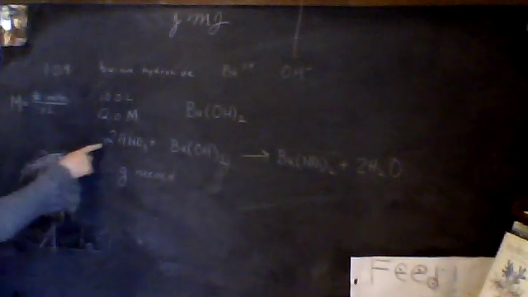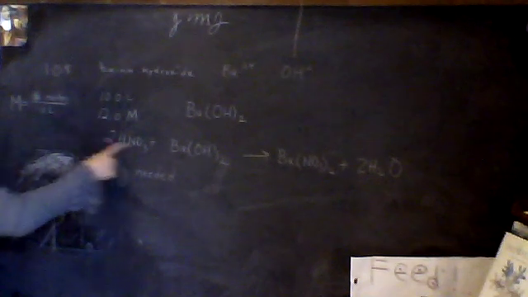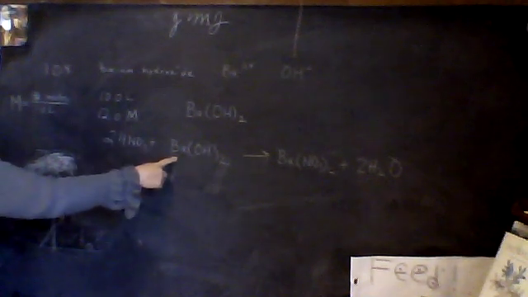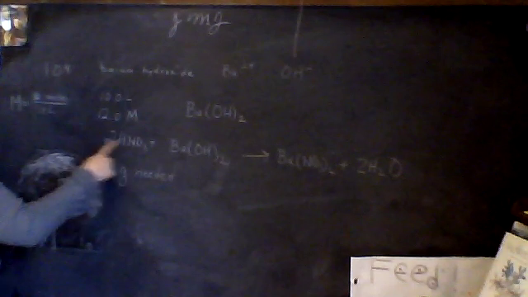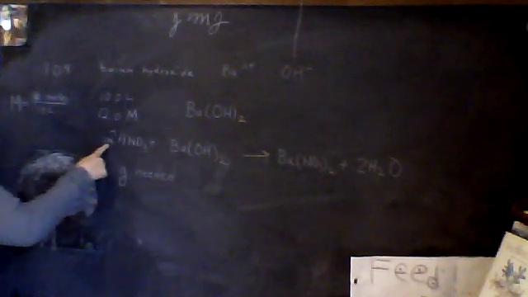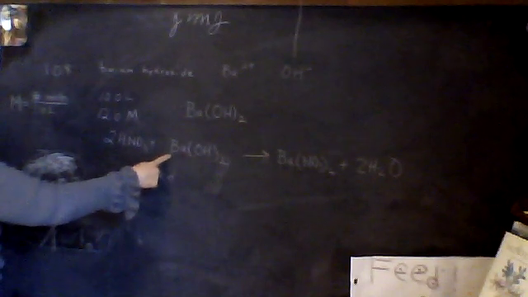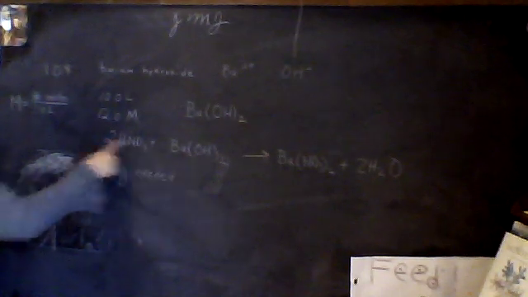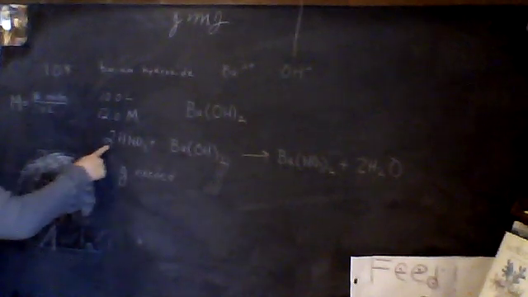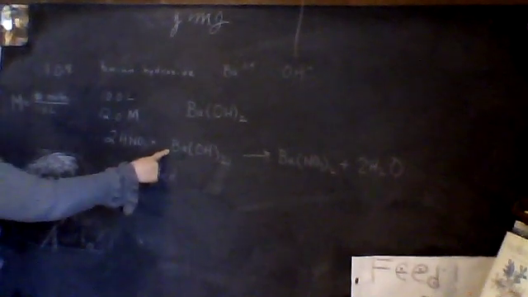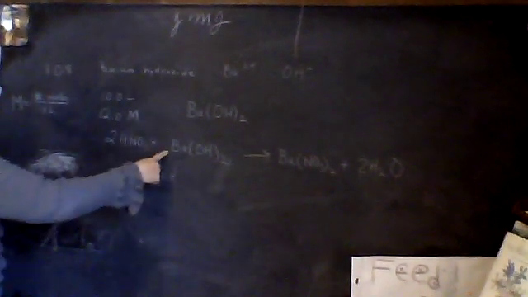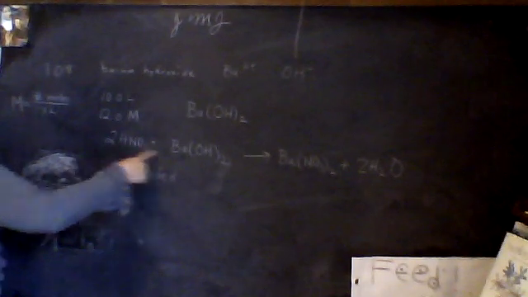Because if I'm using 10 moles of this, how many moles of this am I going to use? It's 2 to 1. If I use 10 moles of nitric acid, I use 5 of barium hydroxide. If I use 2 of this, I use 1 of those. If I use 100 of these, I use 50.